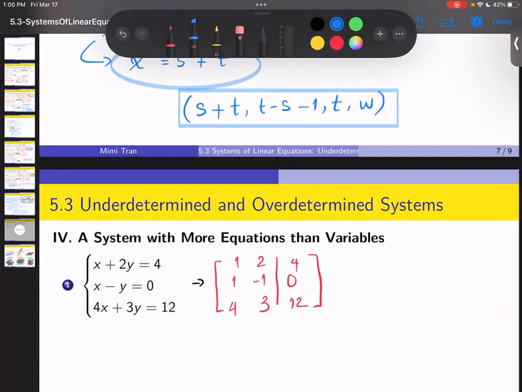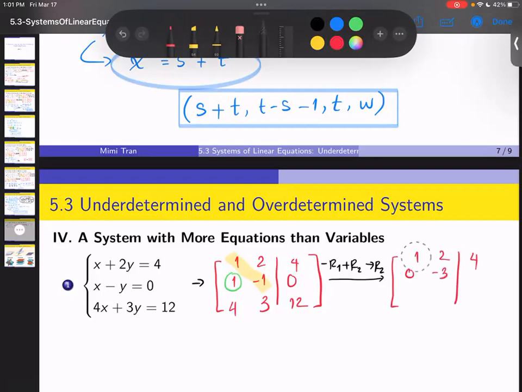It's so difficult to determine your diagonal now. I cannot move. Just stop right there. Eliminate 1. That's easy, right? Negative R1 add R2, give me new R2. 0, negative 3, negative 4.